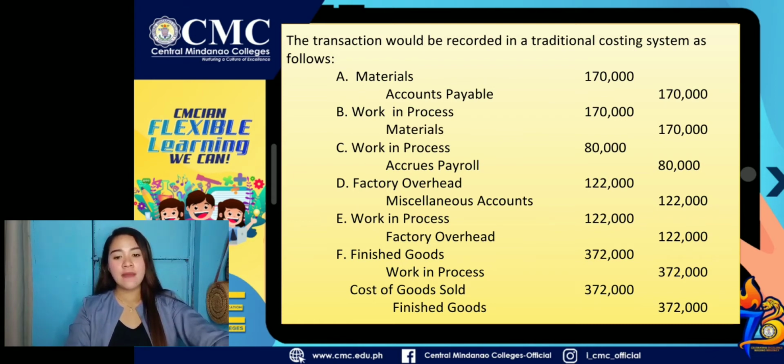And D, debit factory overhead 122,000, credit miscellaneous accounts 122,000. E, debit work in process 122,000, credit factory overhead 122,000. And F, debit finished goods 372,000 and credit work in process 372,000, and debit cost of goods sold 372,000 and credit finished goods 372,000.